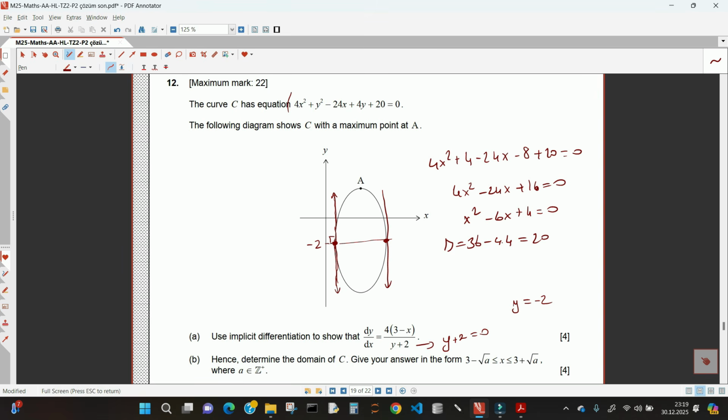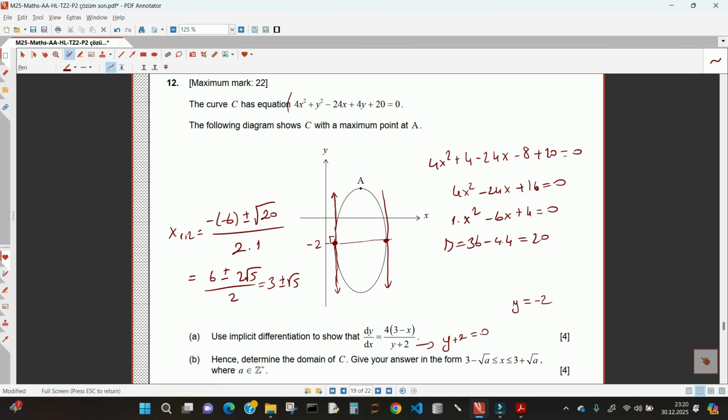I can write both roots: 6 plus or minus the square root of 20, the discriminant, divided by 2 times the leading coefficient, which is 1 here. If you cancel 2, the square root of 20 is 2 times the square root of 5, over 2, which will give us 3 plus or minus the square root of 5.